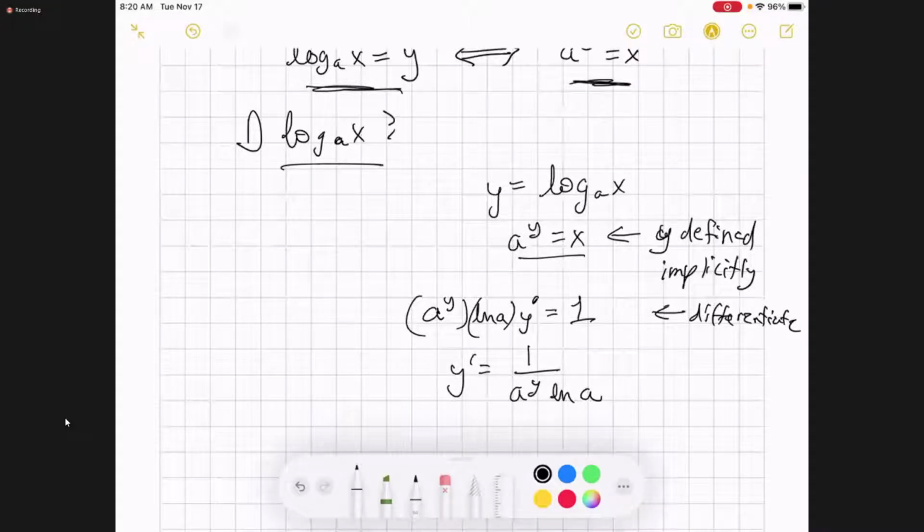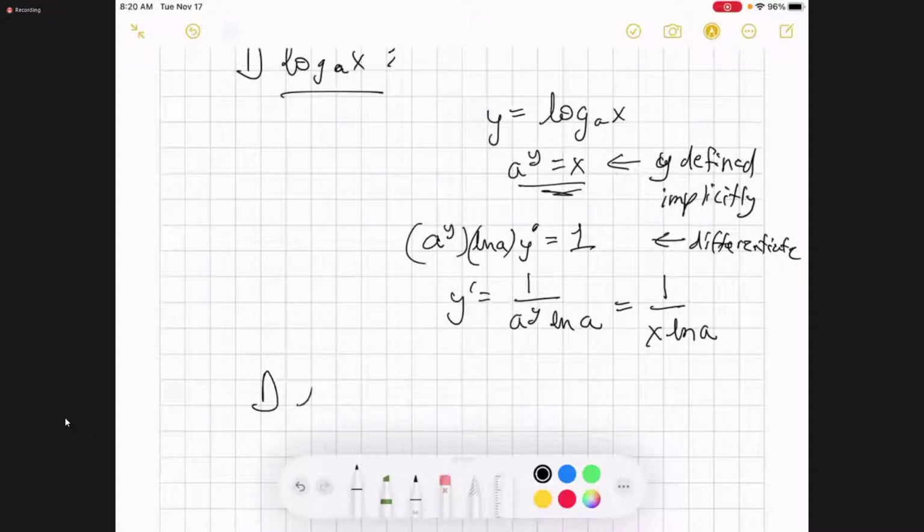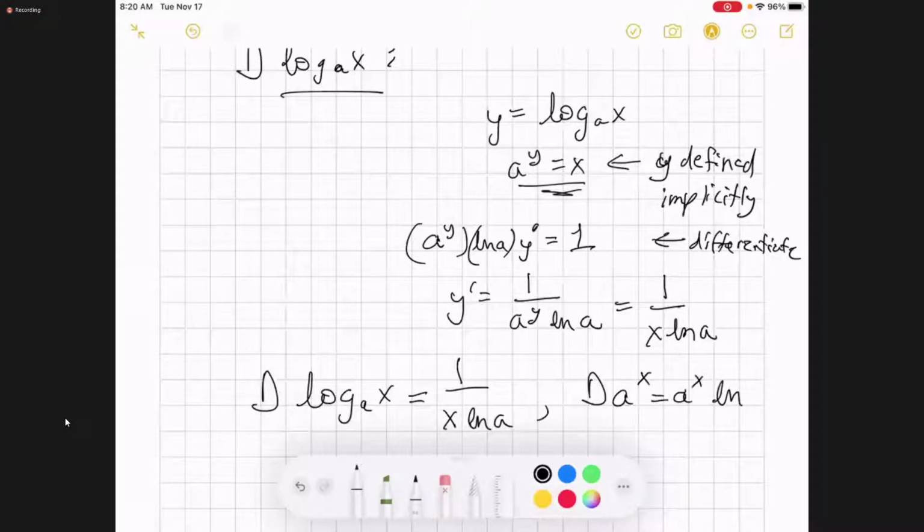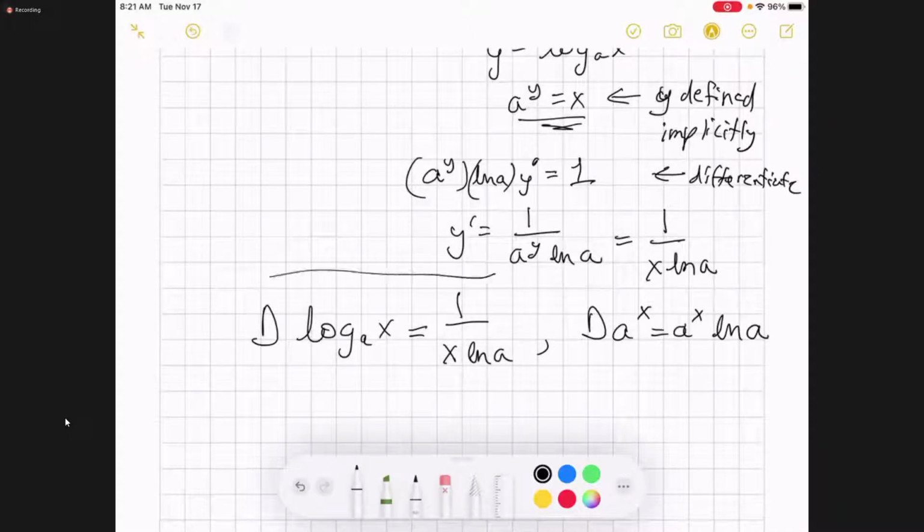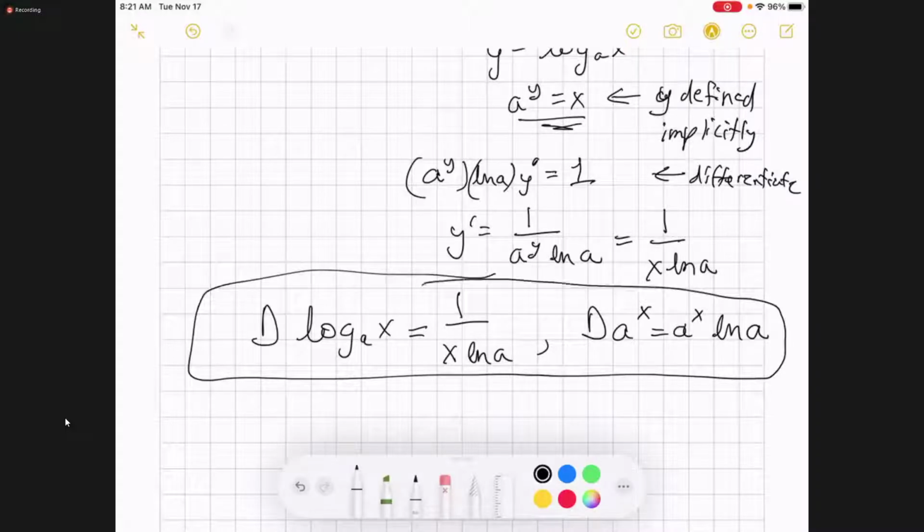And what's a to the y? Well, a to the y is x. So the derivative of the log base a of x is 1 over x ln of a, and the derivative of a to the x is a to the x ln of a. ln of a is a constant. It's not a variable. Any questions now?